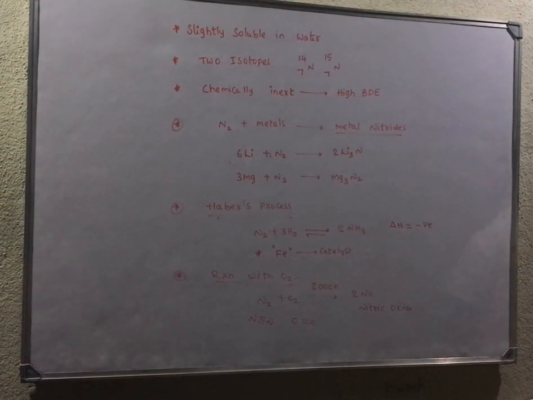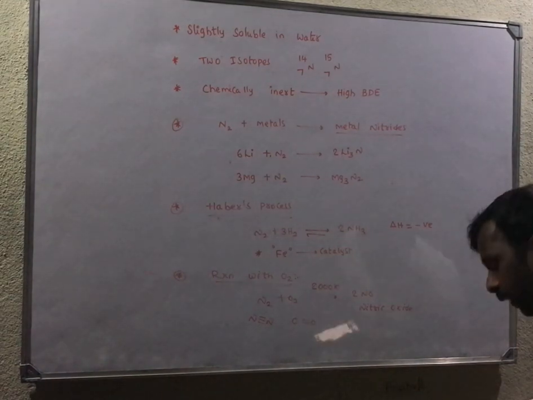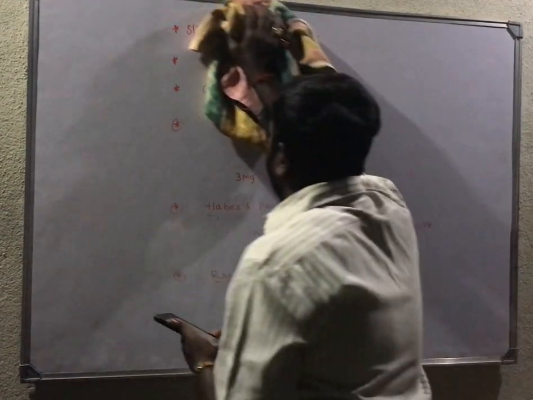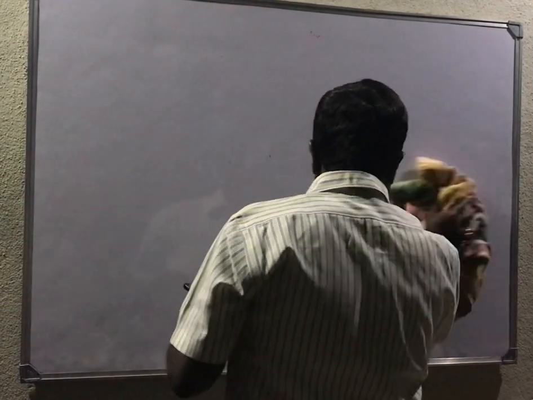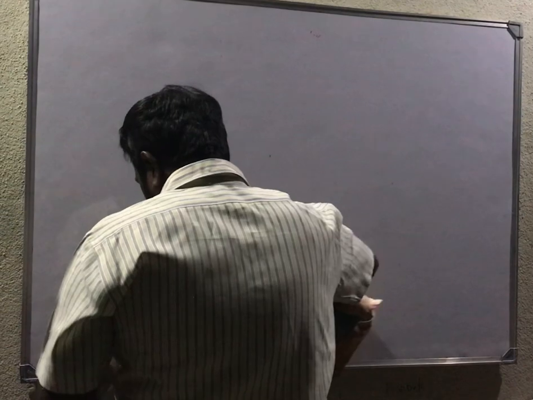Next, ammonia is prepared by the thermal decomposition of urea.